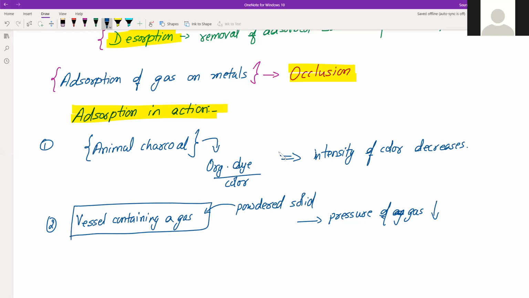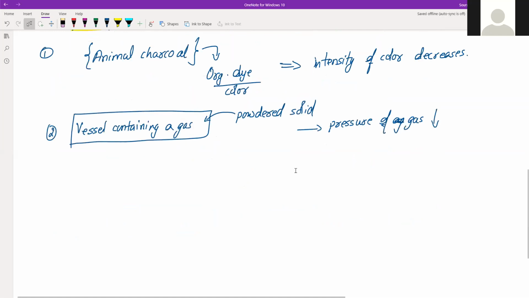If the pressure is going down, the number of gas molecules has decreased, so their concentration in the gaseous phase has decreased. Those molecules must have gone somewhere. Where did they go? They went into the powdered solid.